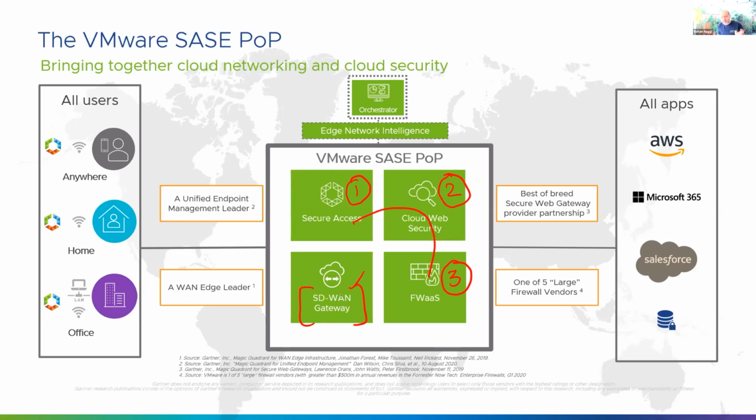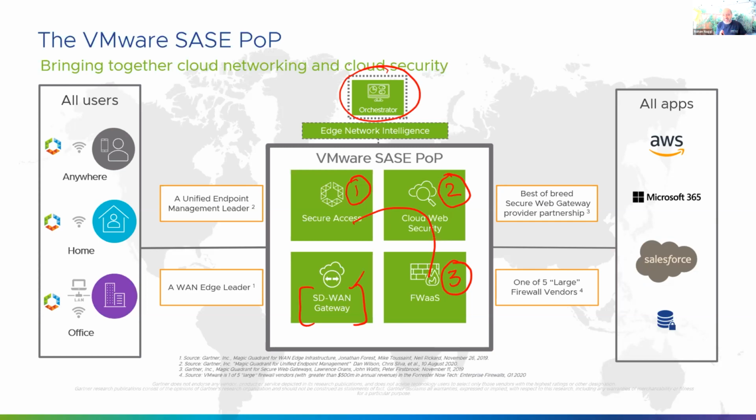So as an enterprise admin, you don't have to have multiple management stations to configure your networking policies or troubleshoot networking issues. You have a single orchestrator, which is cloud native, which is cloud-based.